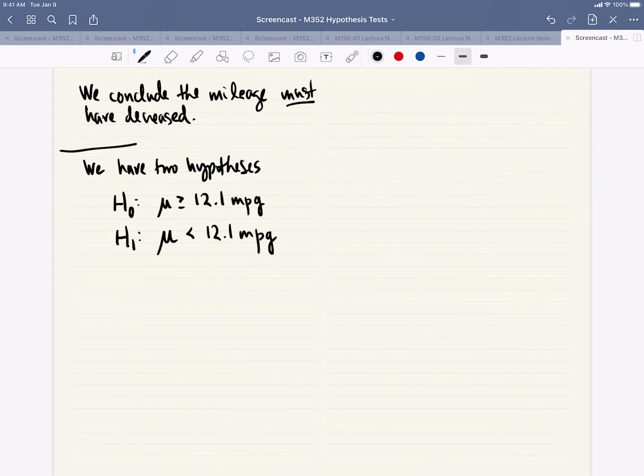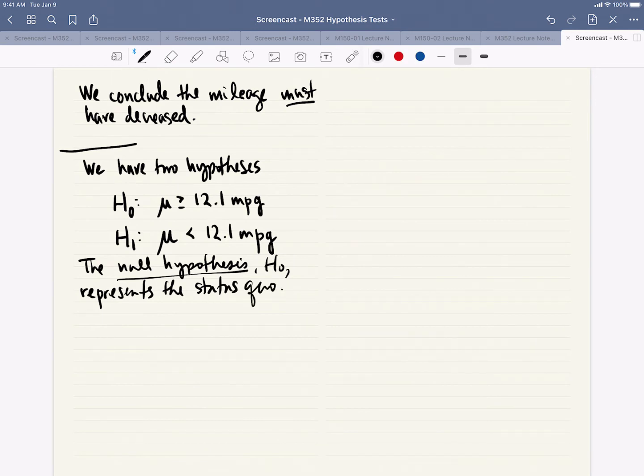So H naught is called the null hypothesis. The null hypothesis represents the status quo, the way things were before.